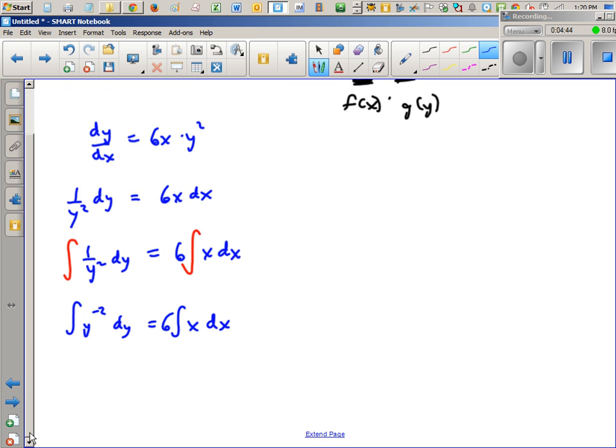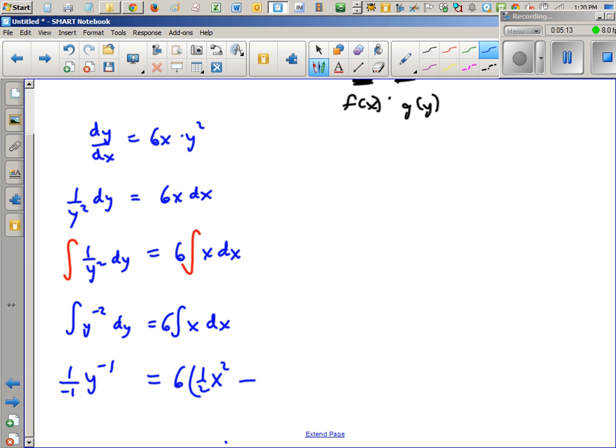Okay, so when you integrate the y to the minus 2, you do that by adding a power. So you increase the power by 1. Now it's y to the minus 1. And then you put a reciprocal of that new power out front, like that. Same thing with the 6x, right? If you're going to integrate that, you're going to basically increase the power by 1. Now it's x squared, and you put a 1/2 in front. Okay, now one of these sides, at least, needs a plus c.